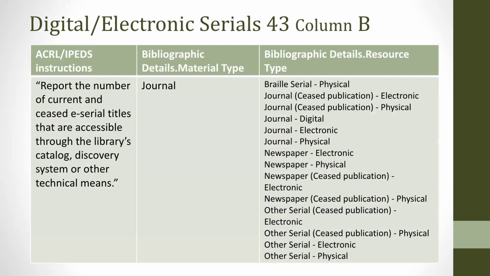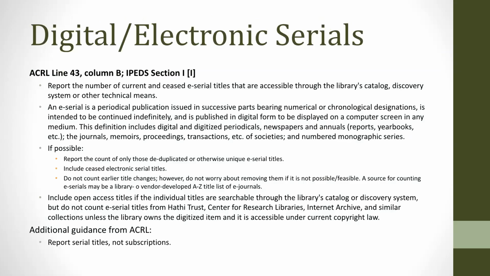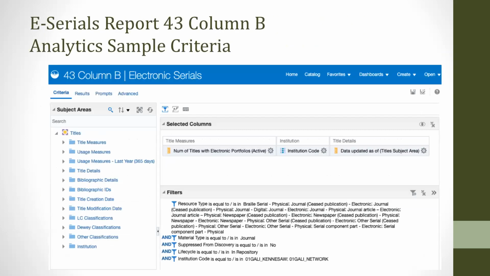Okay, electronic serials, 43 column B, quite a few resource types there as well. And of course, you'll have these slides later for reference. So this is what that looks like. The title measures number of titles with electronic portfolios active, again, is your main column.